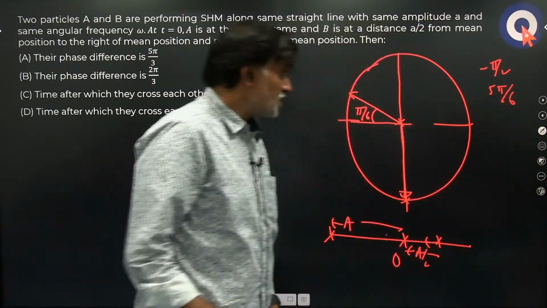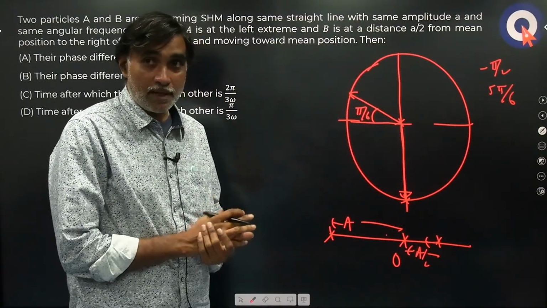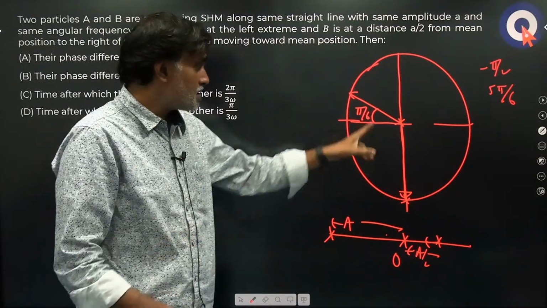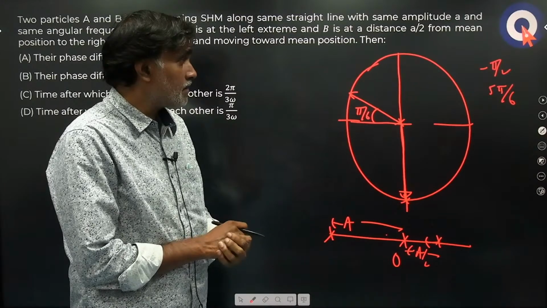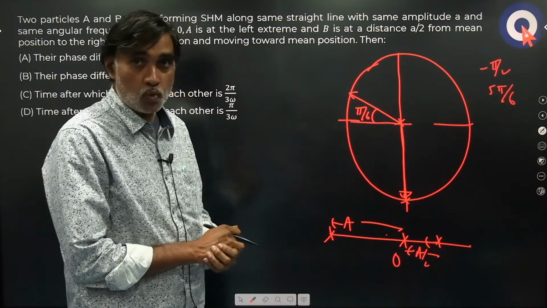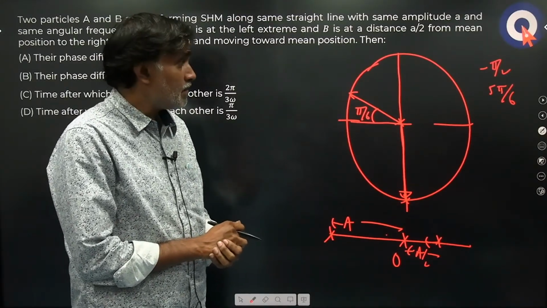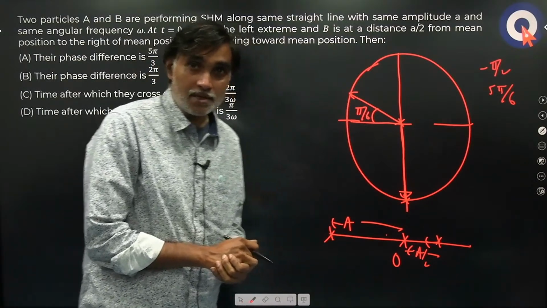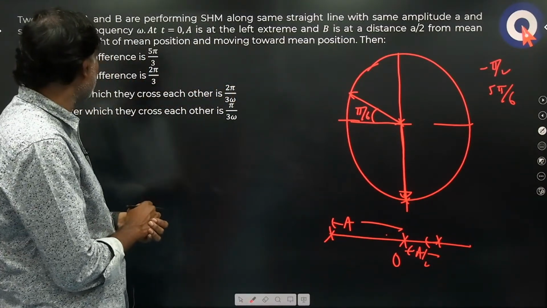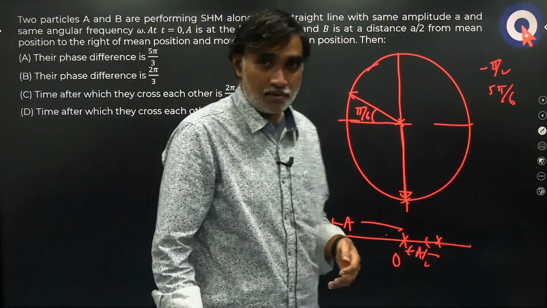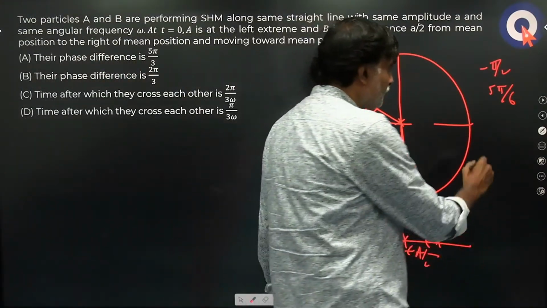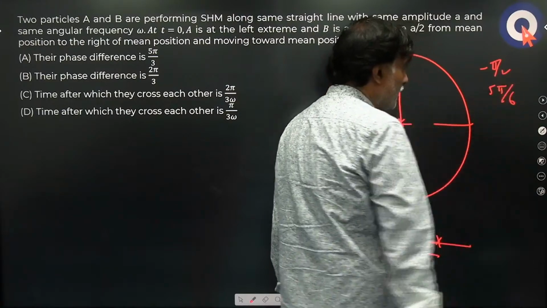So what is the phase difference between those two? You have to subtract both of them, or you can directly take this angle. So subtract, what do you get? 5 pi by 6 plus pi by 2, which means 8 pi by 6. 8 pi by 6 means 4 pi by 3, or 2 pi minus 4 pi by 3. Anything is correct.